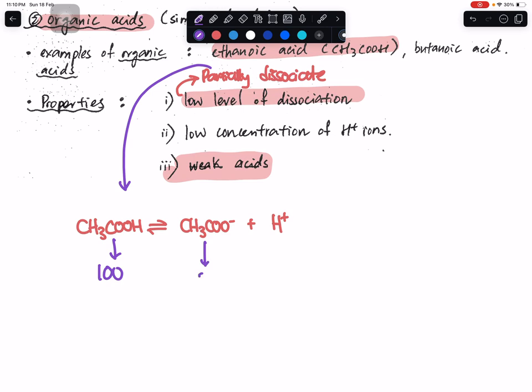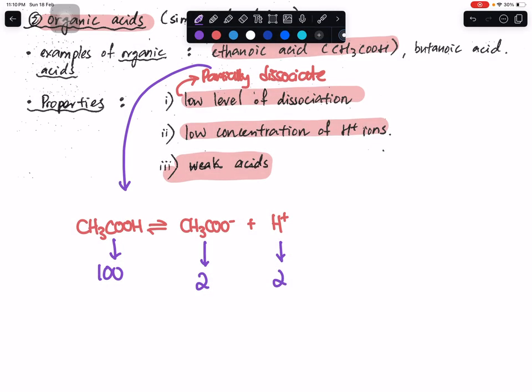So meaning that maybe I only have 2 of this that actually dissolve fully. So this actually shows how your ethanoic acid is actually a weak acid in general. Okay, so this is what we mean by partial dissociation. Okay, so if you only partially dissociate, then you will tend to have much lower concentration of H plus, and that's why you are a weak acid.